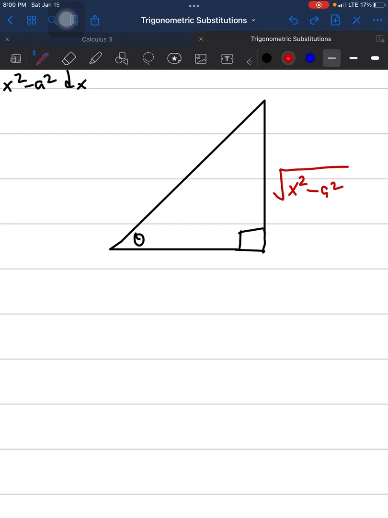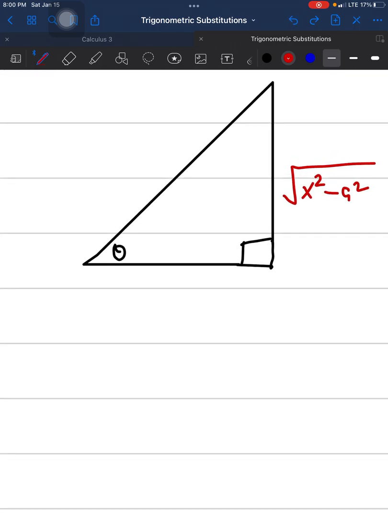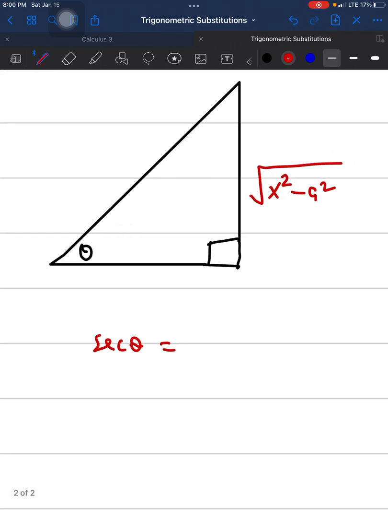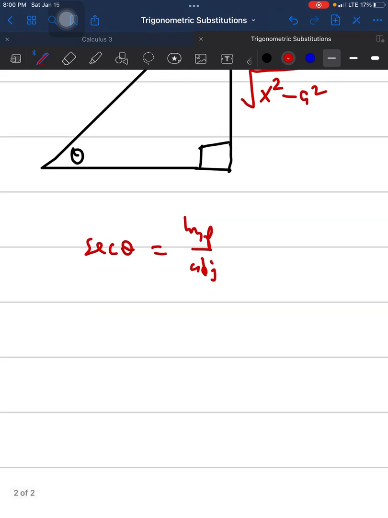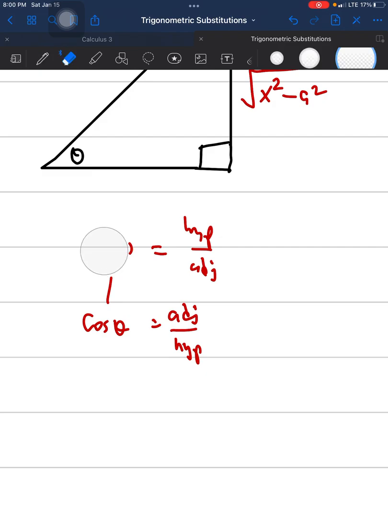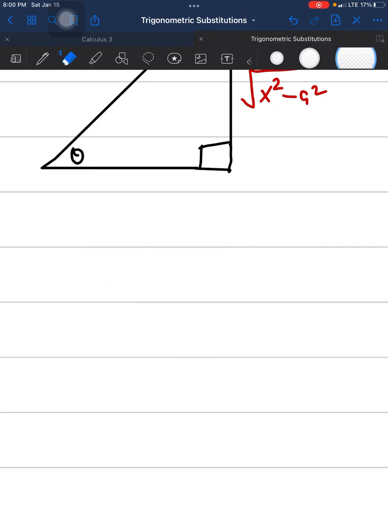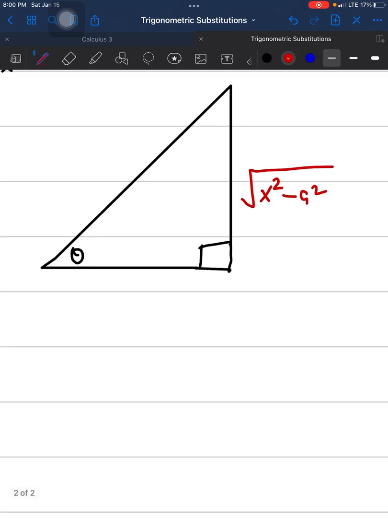We can do this by using secant, because secant theta is just hypotenuse over adjacent. We know cosine theta is adjacent over hypotenuse, and secant is the reciprocal of cosine. So we can use secant theta.